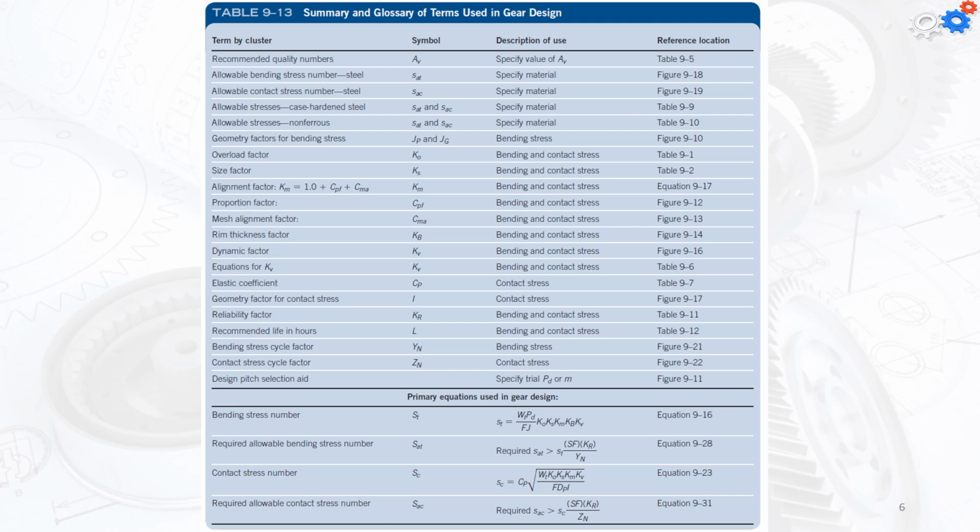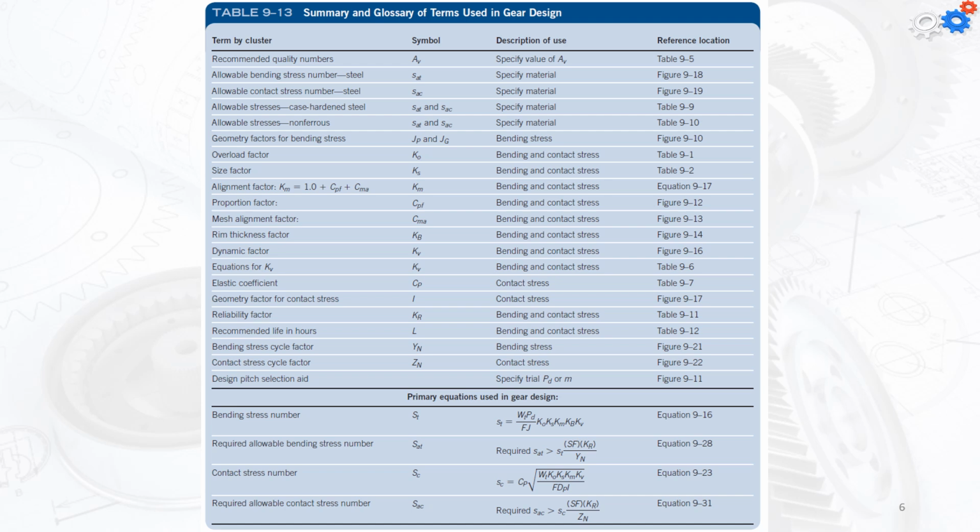Step number 2 is the allowable bending stress number. For the steel, for example, we find the SAT, and this can be done by using figure 9.18 in the book. The allowable contact stress number for the steel can be found by figure 9.19.